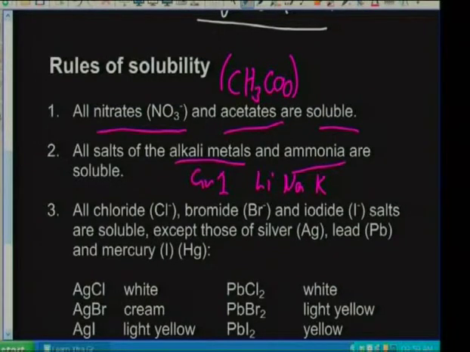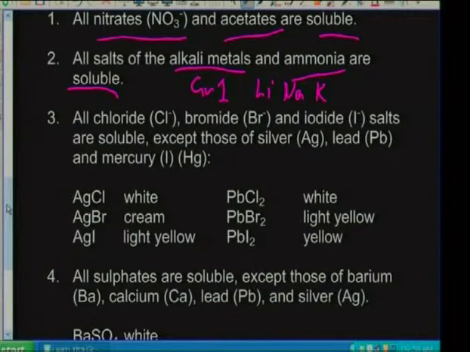So if something is a salt that's got lithium, sodium or potassium in it, we know it's going to dissolve. Now, this one is interesting. All chloride, bromide, and iodide salts are soluble, but there are some exceptions, and we really need to learn the exceptions really well: silver, lead, and mercury(I). Those salts are not soluble, they're insoluble.